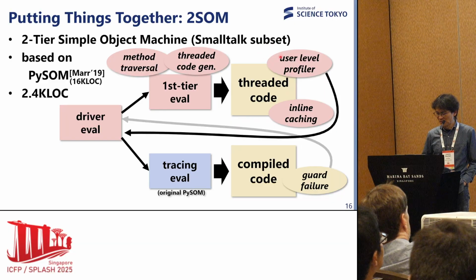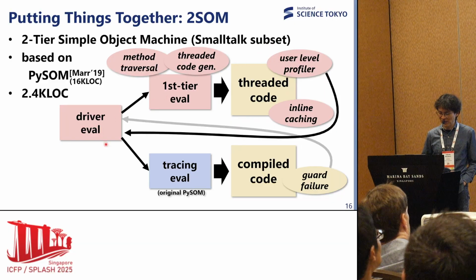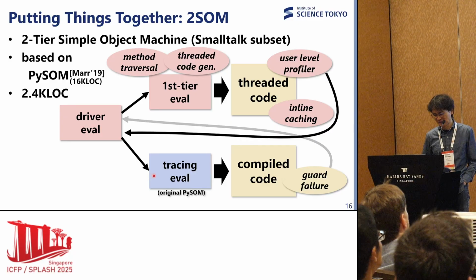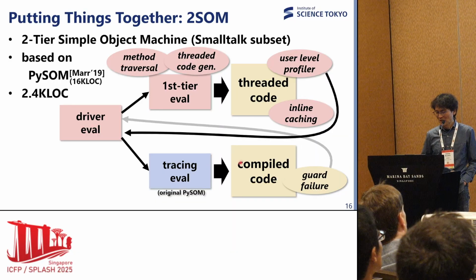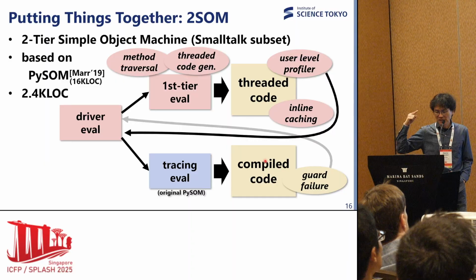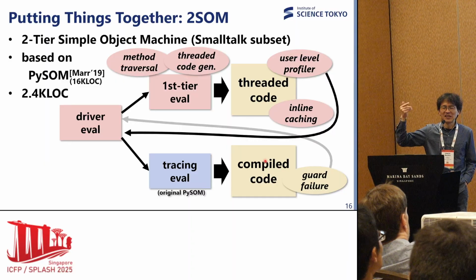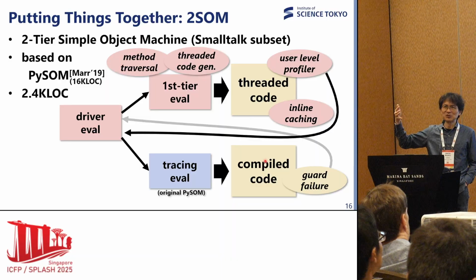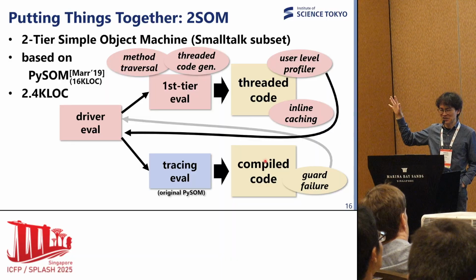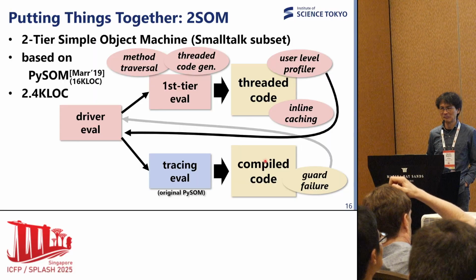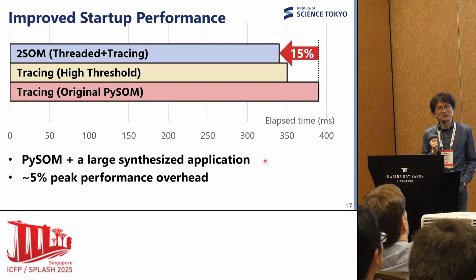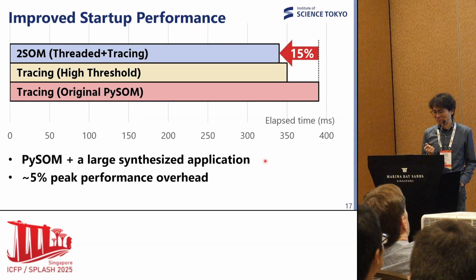Then this user-level profiler triggers the next level of interpreter, which is the original tracing compiler, from which we get the faster code. So in the end, this is similar to the multi-tier virtual machines these days. And the result is very satisfactory, or surprising to us.